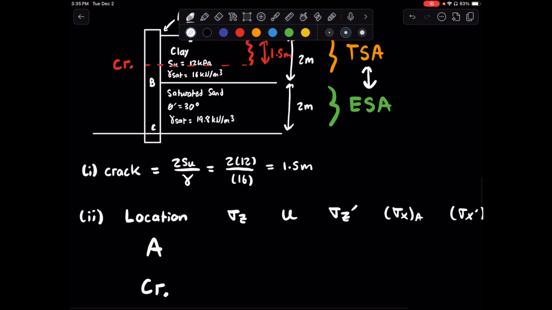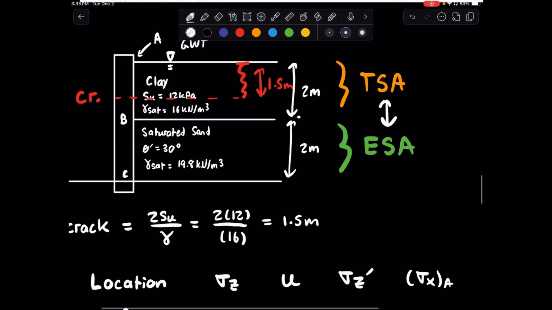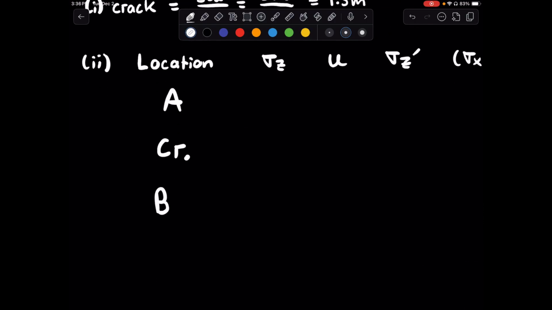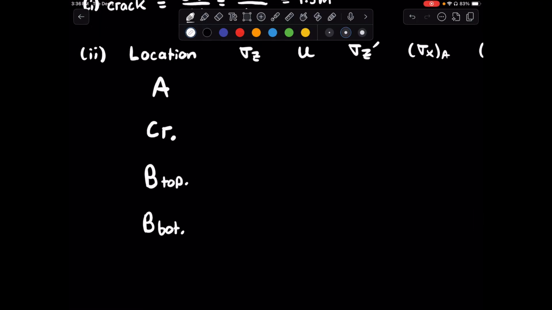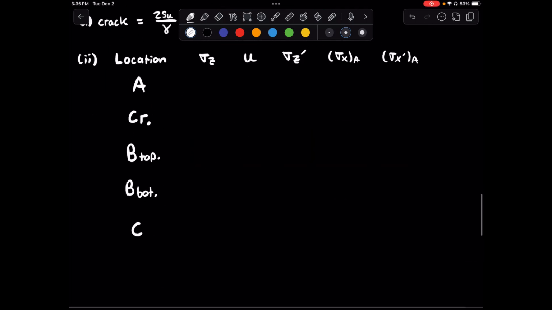Next you'll say location B. Yes, but not exactly. B is where we make the switch between TSA and ESA, so it's important that we consider the top portion of B and the bottom portion of B. So we'll have B top, then B bottom, and then lastly, point C.